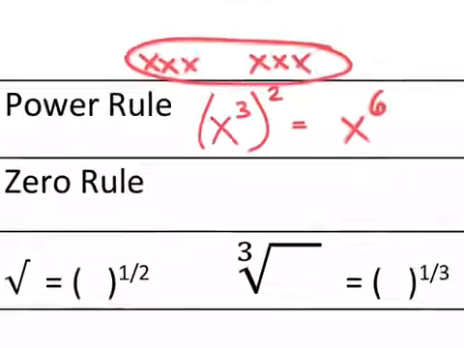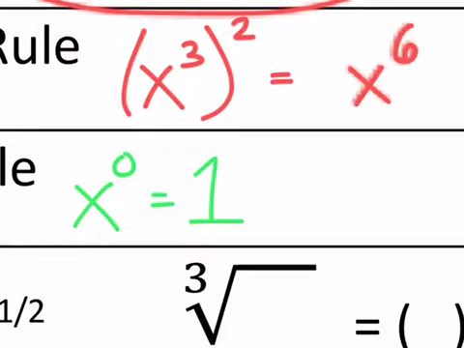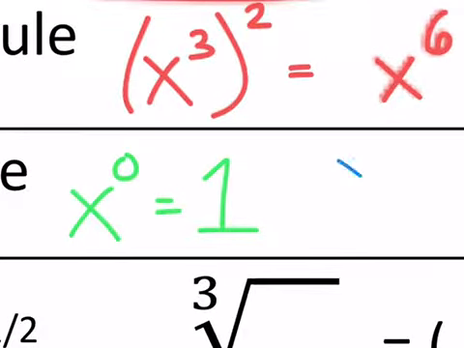Zero rule is if we have any non-zero number and we raise it to the 0 power, it's equal to 1. Now, a quick proof behind that, because that one seems strange to people. A picture rendition of this would be if we did x squared over x squared, or x over x.